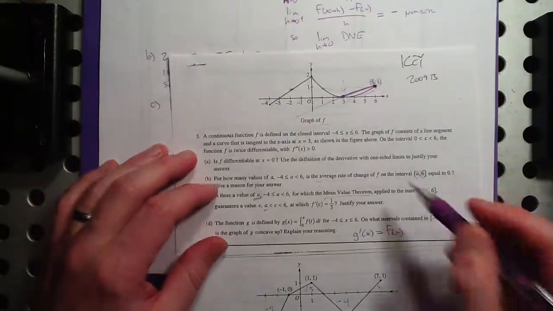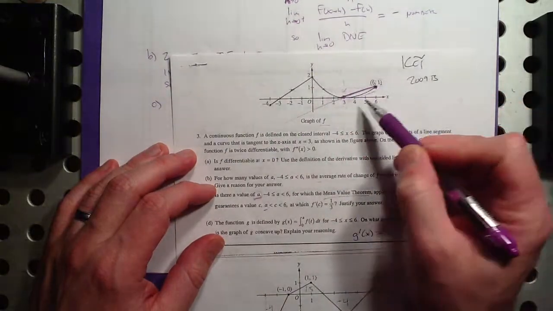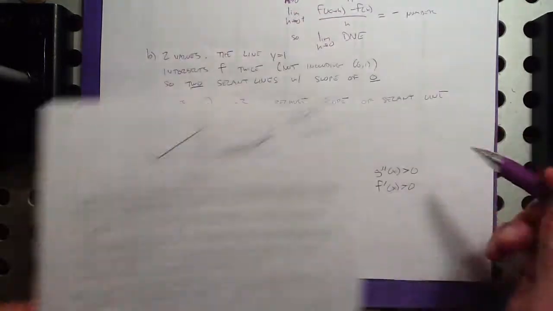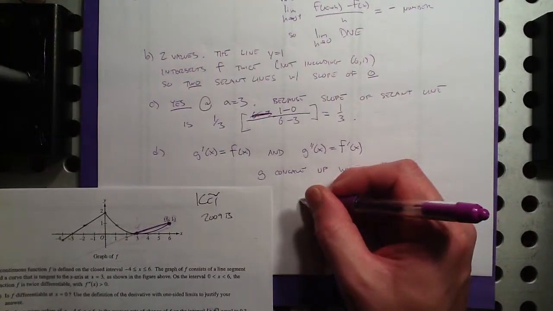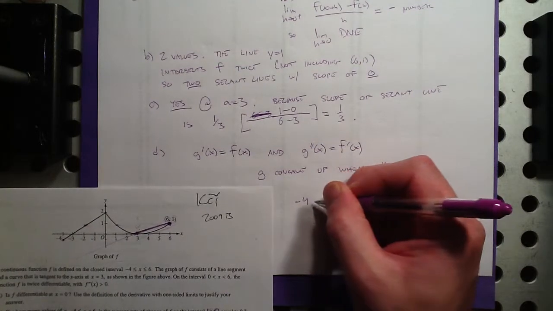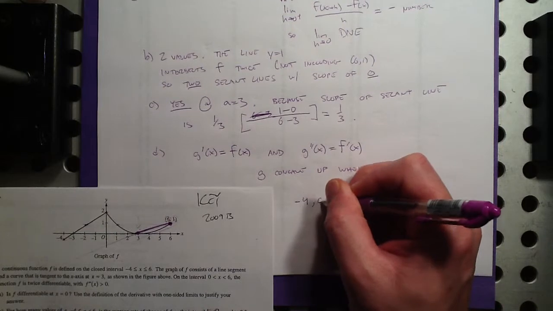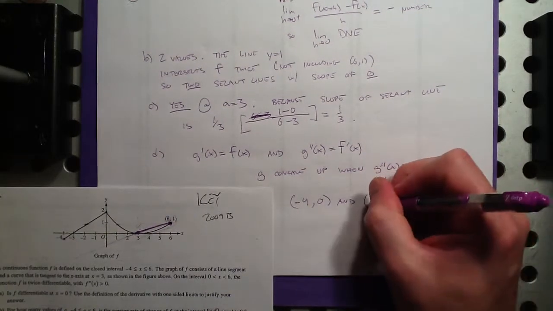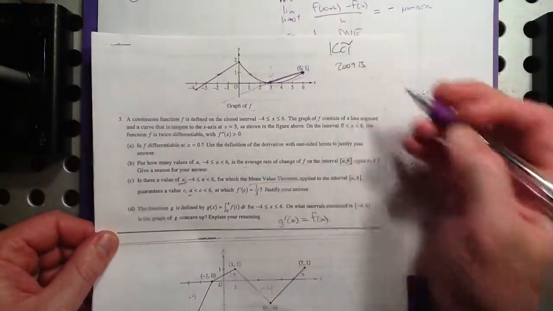So let's see, f is increasing from -4 to 0 and from 3 to 6. So from -4 to 0, and from, what else did we say, and from 3 to 6 it's also increasing.